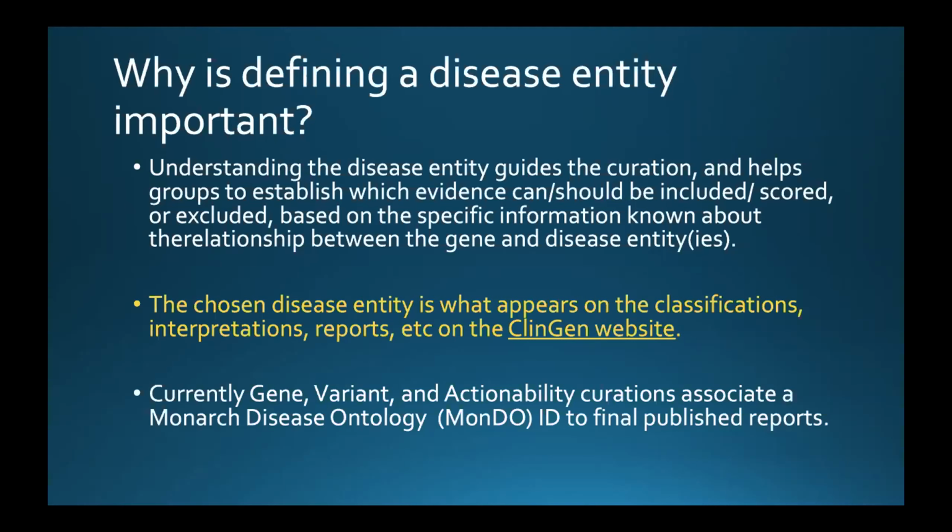And currently right now, gene variant and actionability curations associate a Monarch Disease Ontology to the final published reports. And so Nicole and Chris will go over just how they developed this disease ontology, among other ones, in the process for how we can engage in making Mondo IDs.